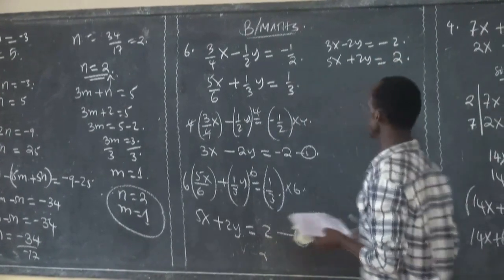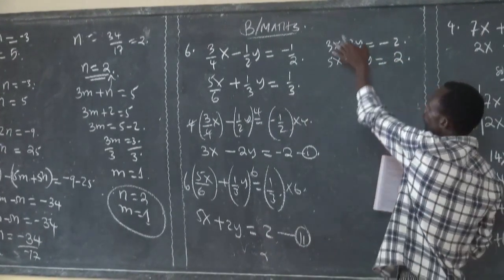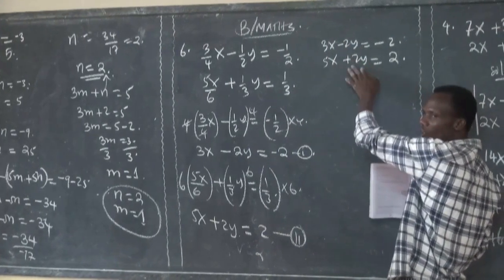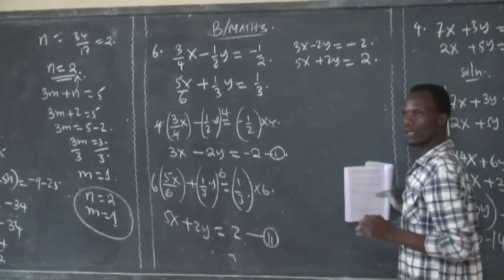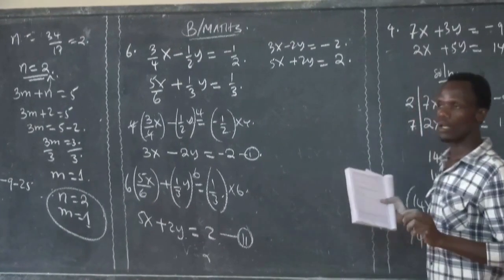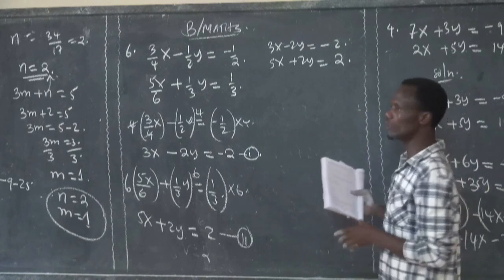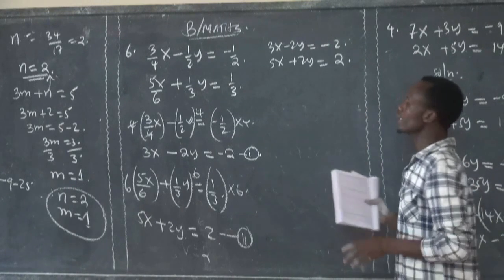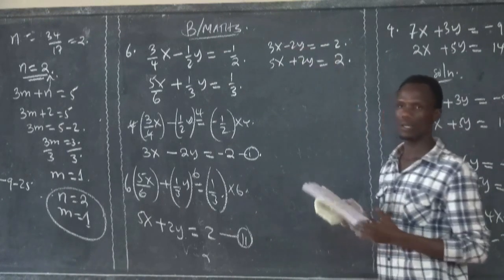When you look here, coefficients of y are equal, but different signs. They are equal in magnitude, but the signs are different. If they are equal in magnitude, but their signs are different, now we can add those equations.